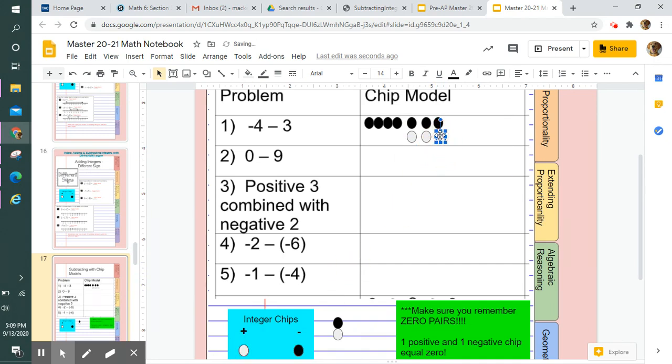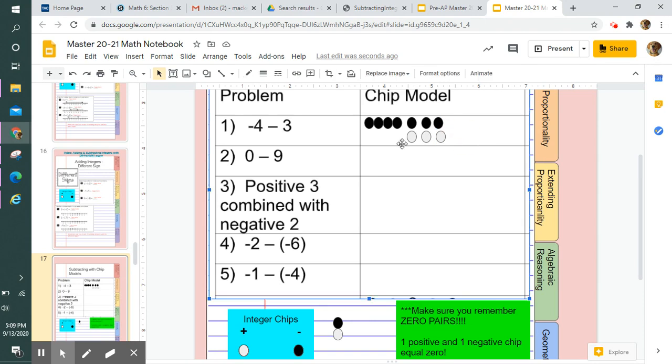So all I did right now was I said -4 plus 0 plus 0 plus 0. So any number plus 0 is still that same number. So it's still -4.